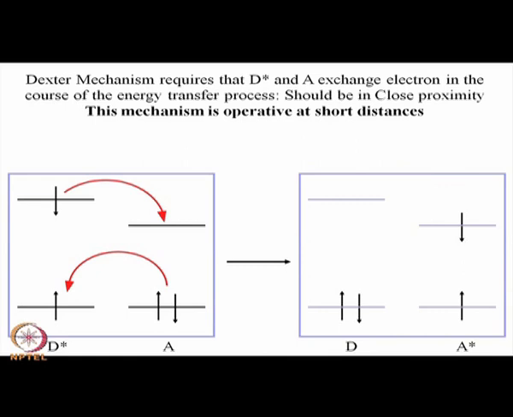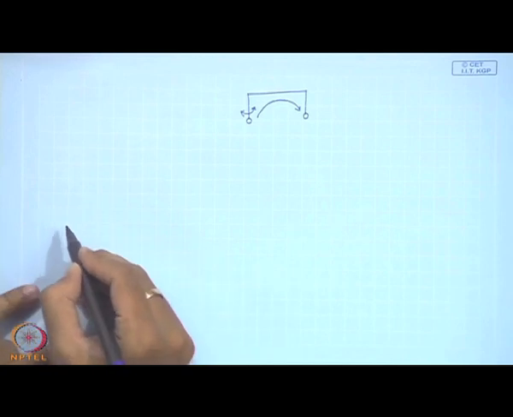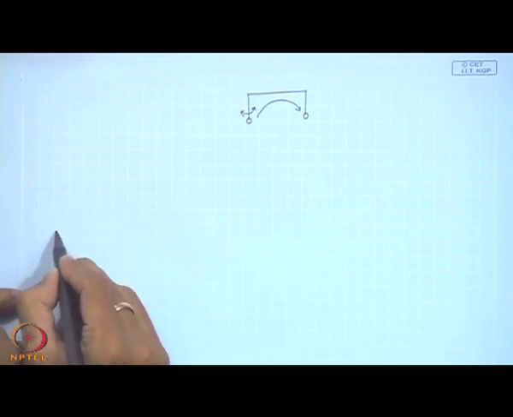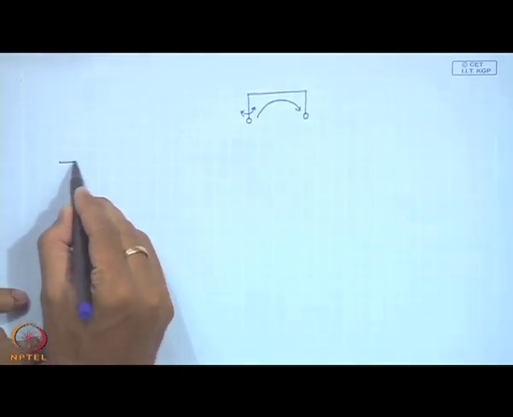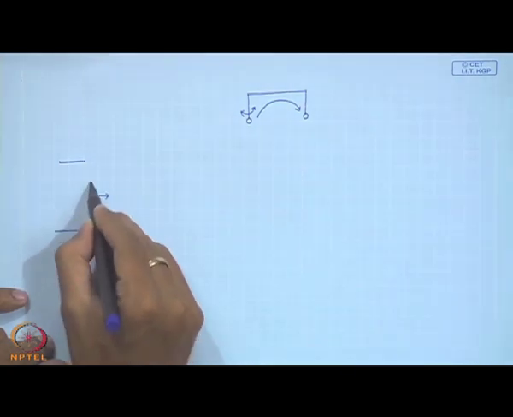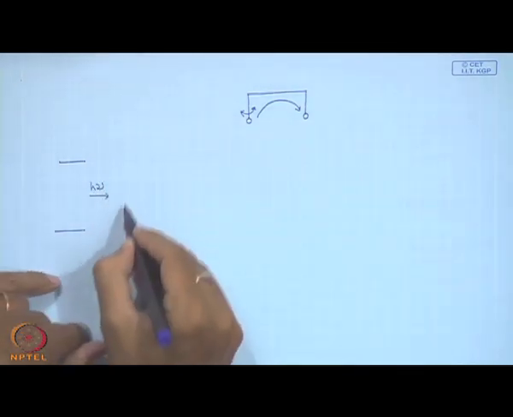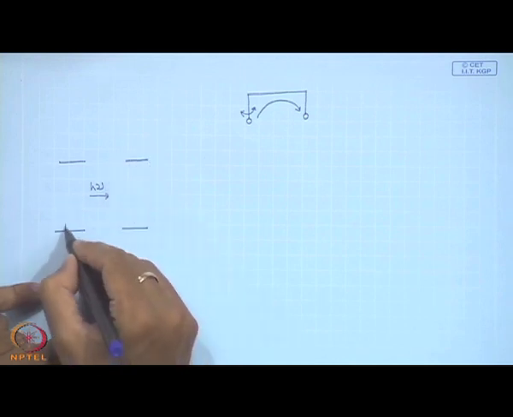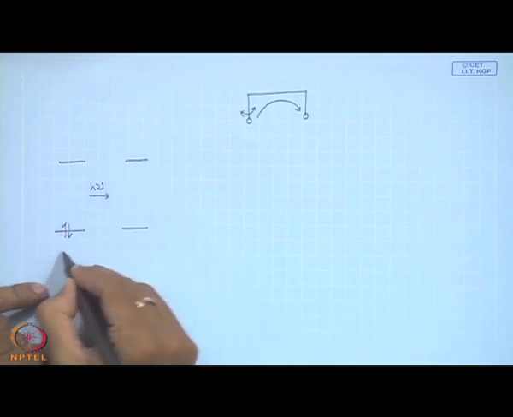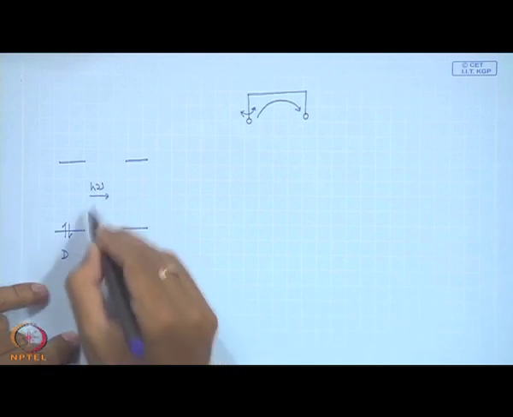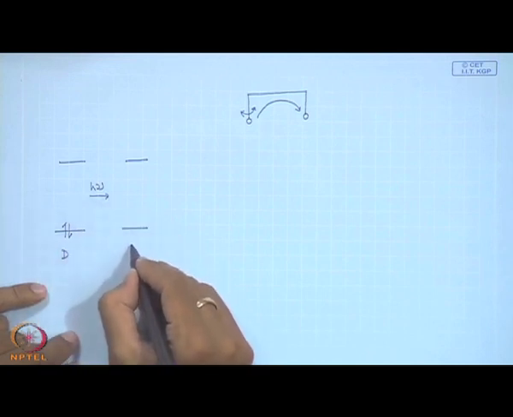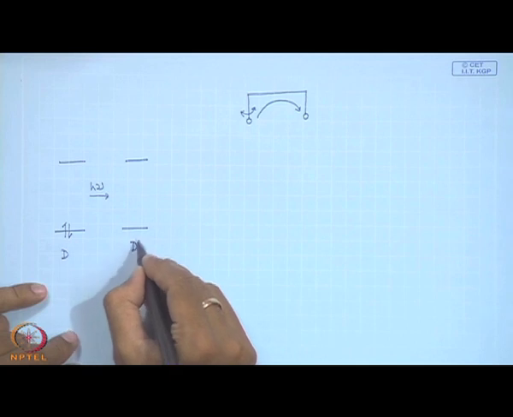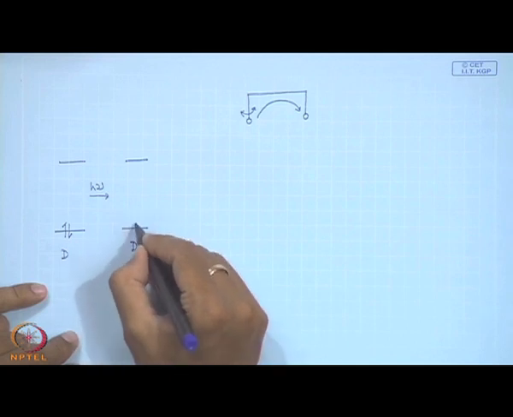Okay. So, if you have a diagram like this, in one case you have, say, a donor, you shine it with radiation, singlet donor, then it will be D star, singlet excited.